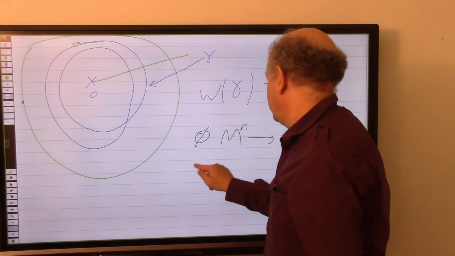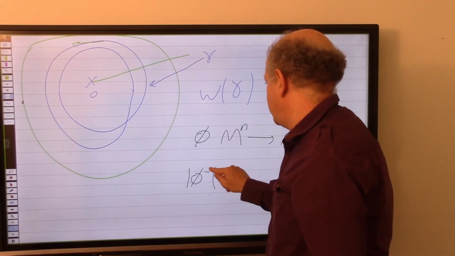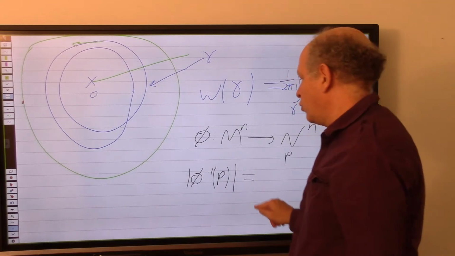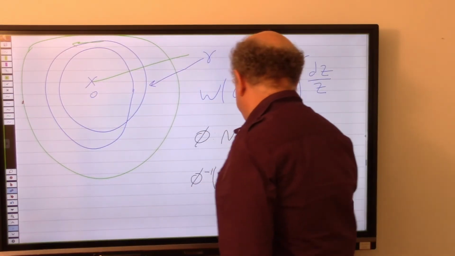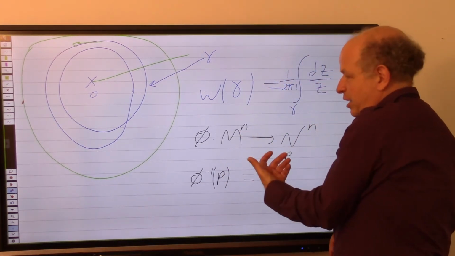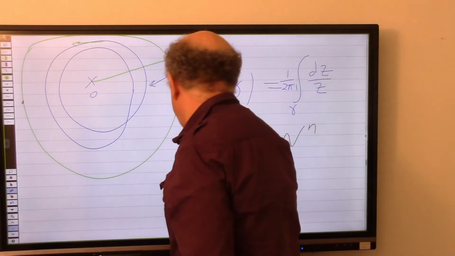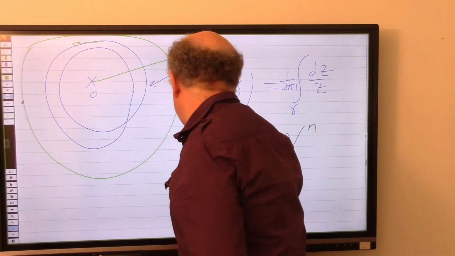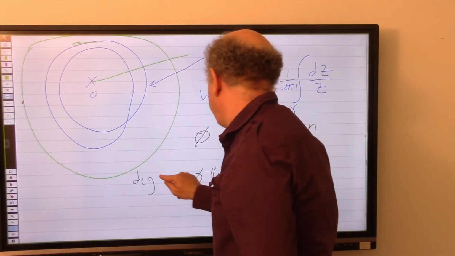Not with absolute value, just count them with signs. There is some local orientation and you can count them with signs. This is the so-called degree of the map phi.